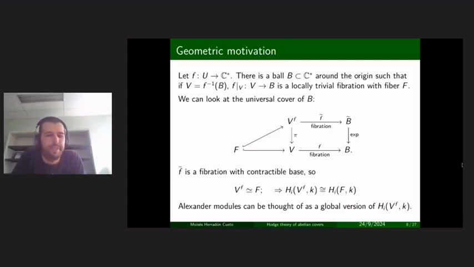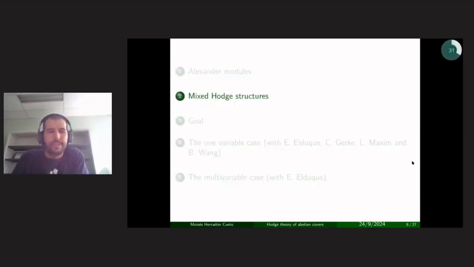Of course, then it won't be the same, but there's always a map, for example, between the generic fiber and the Alexander module, even though it doesn't have to be a homomorphism. And if you know about limit mixed-Hodge structures in this setting of the fibration, you will have the limit mixed-Hodge structure, and the Hodge structure I'm trying to talk about should be something analogous in this case.